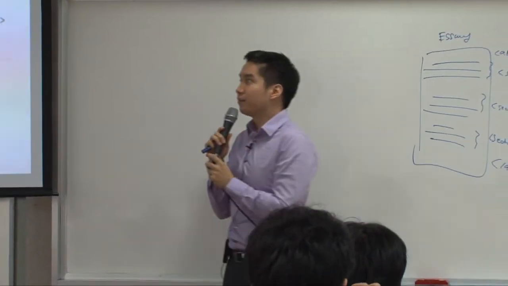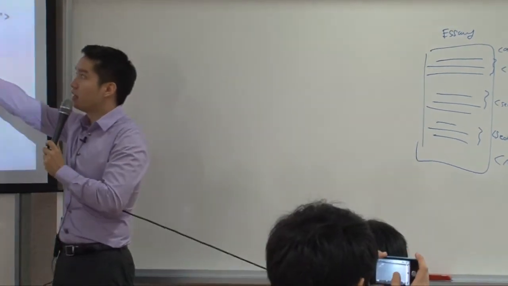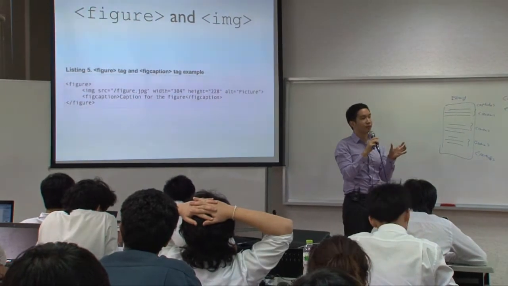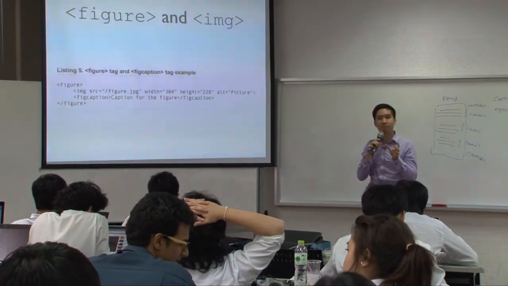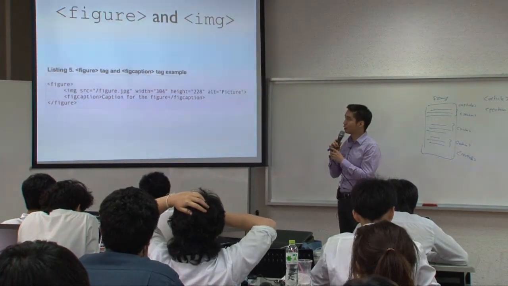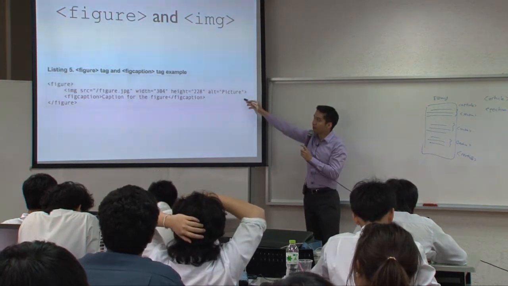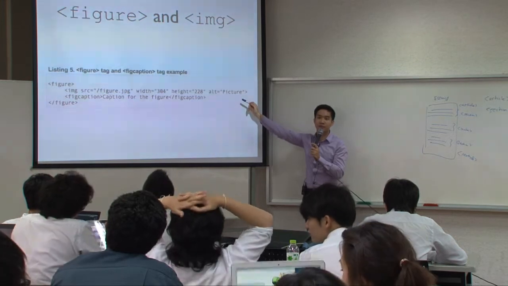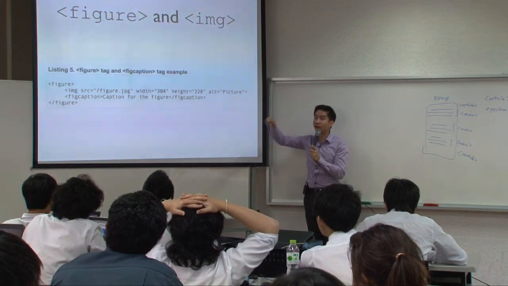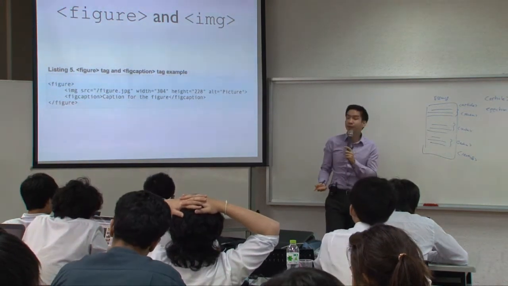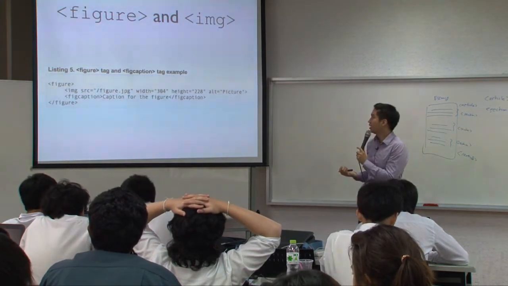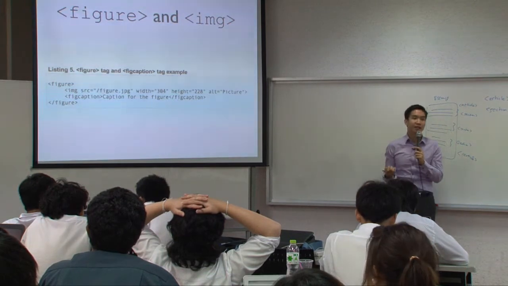We call these things ALT, height, width, source as tag attributes, okay? So in this example, the image tag has how many attributes? Four, right? Because you have source attribute, width attribute, height attribute, and alternate attribute, or ALT.